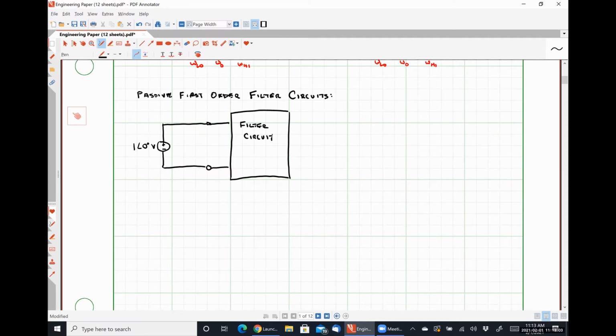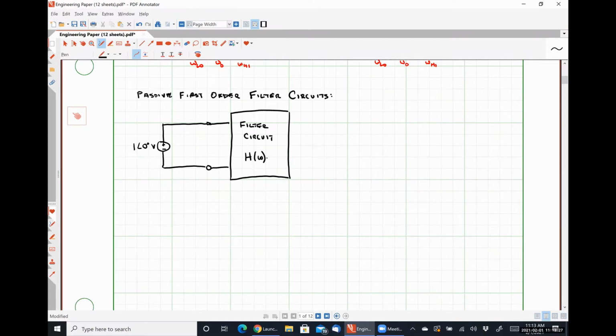And what's happening is that this filter circuit is acting on our input. So we're going to define the way that this circuit acts on our input signal as H. And it is what's going to be called the transfer function of our circuit.